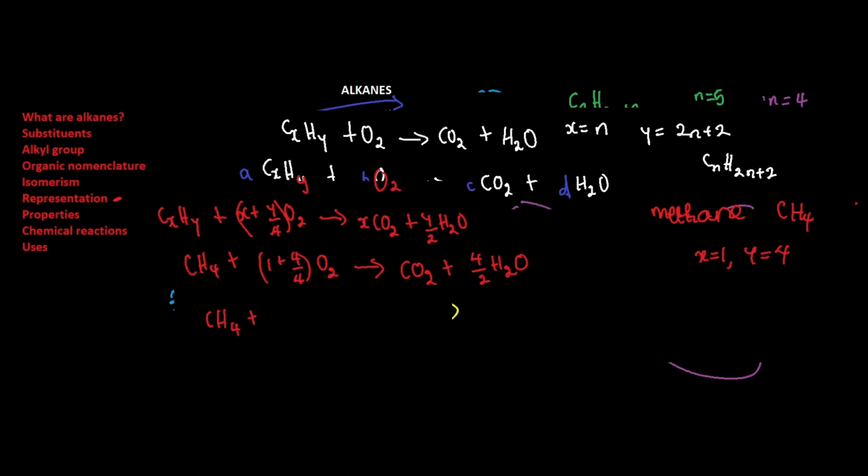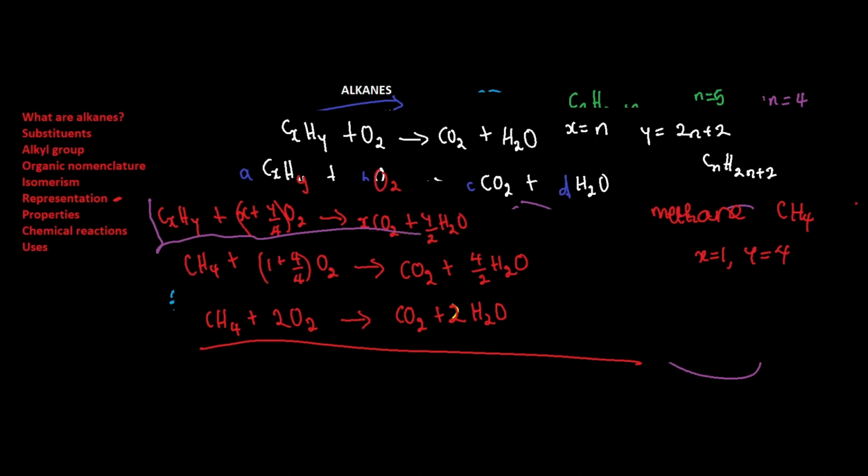This is going to be CH4 plus 4 divided by 4 is 1, and 1 plus 1 is 2, that is 2 O2, and this would give us CO2 plus 4 divided by 2 is 2 H2O. Now we can clearly see that this is a balanced equation. So what we have been able to derive is a general formula for combustion that would give us a balanced equation.